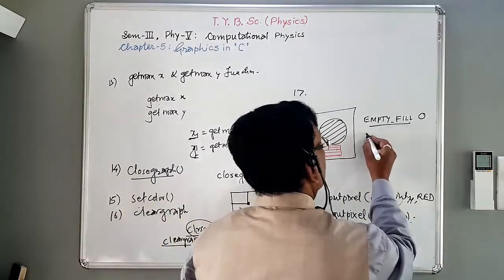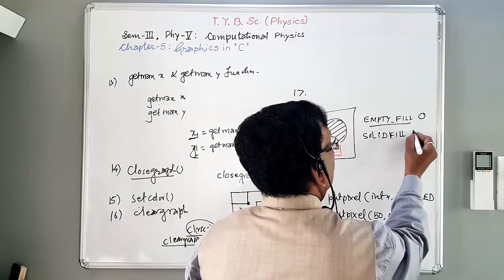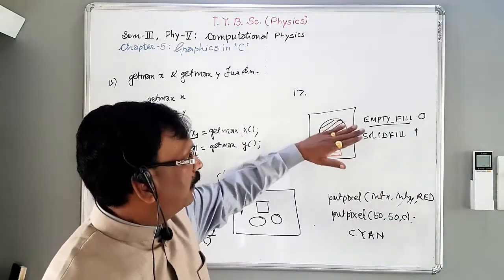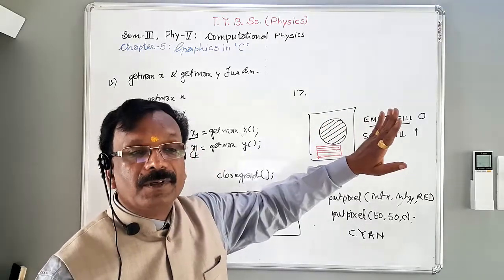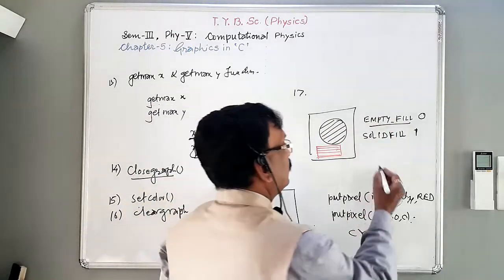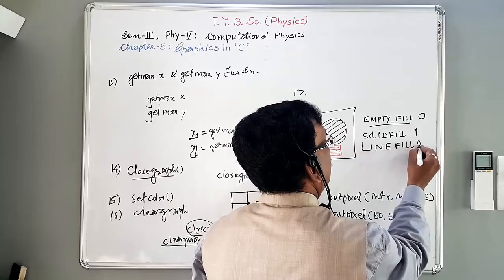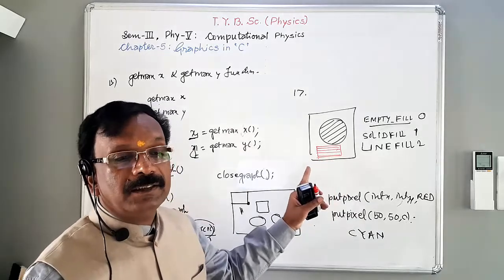Solid fill, we use 1. When we use it, the figure is completely filled by a particular color. Okay. Line fill, if we use 2, line fill 2, then the figure is filled like this.